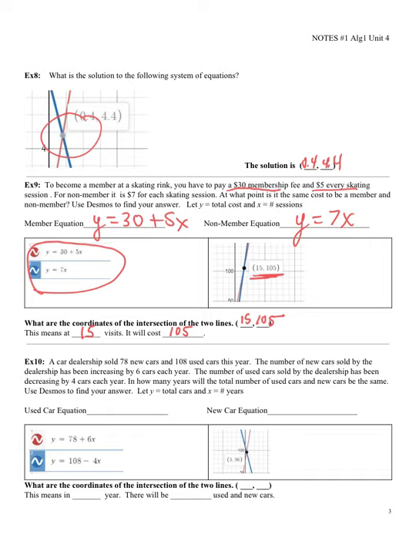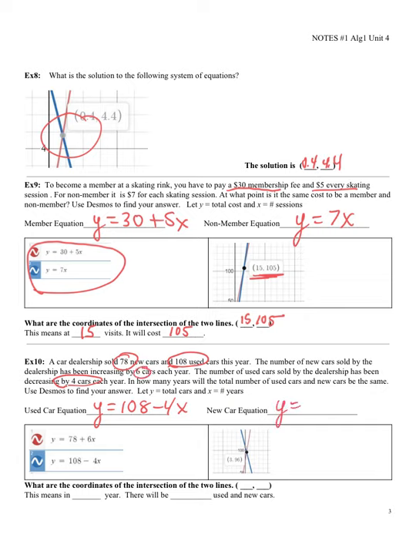So if we're talking about used cars, it's 108 and decreasing by 4 cars each year. So that is y equals 108 minus 4x. If you're talking about new cars, 78, and it's increasing by 6.